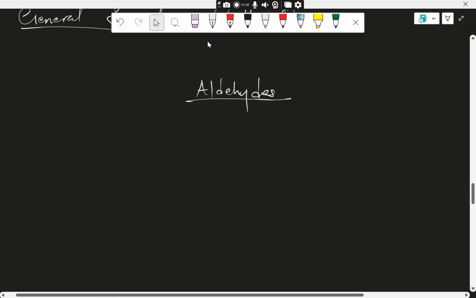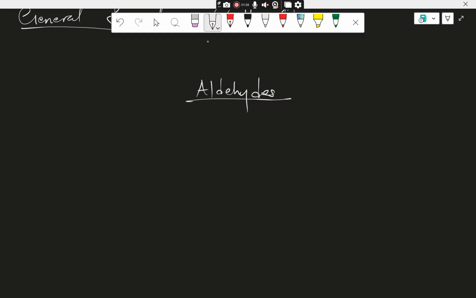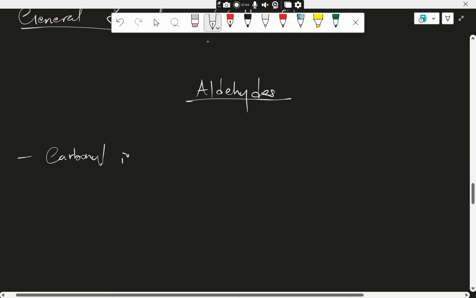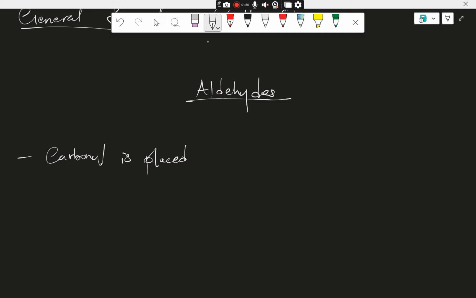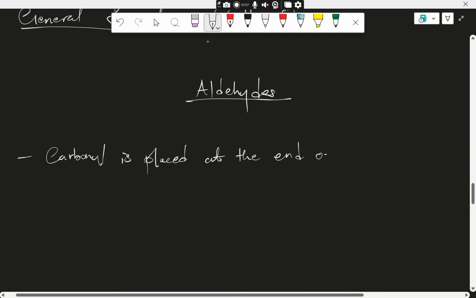So for aldehydes, the carbonyl group is placed at the end, the terminal, of the root chain.